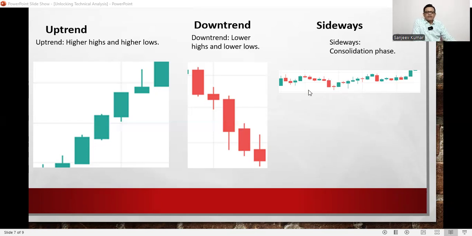If you buy a company that is sideways, then your money will be blocked there. So you should avoid sideways and downtrend, and you should buy the uptrend company. The company whose share price is in uptrend, we should buy that kind of share.